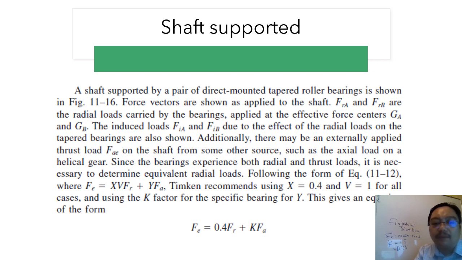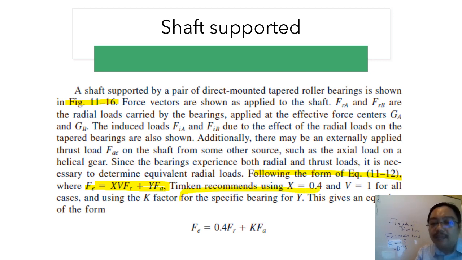A shaft supported by a pair of direct mounted tapered roller bearings is shown in figure 11.16. The force vector is shown applied to the shaft. FrA and FrB are radial loads. You can read all the statement, following the form of equation 11.12, which you are familiar with, and you also did an example calculation using this equation in the previous video.